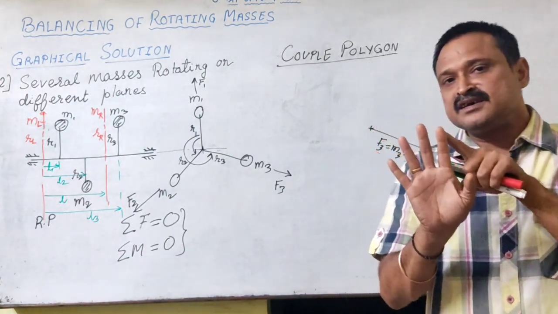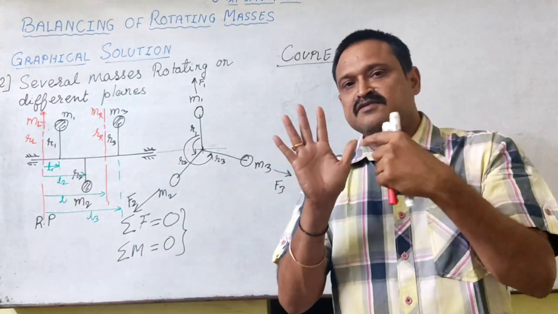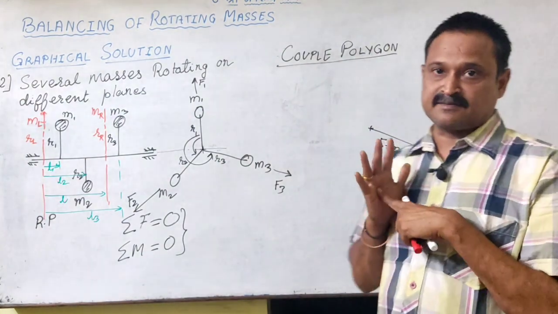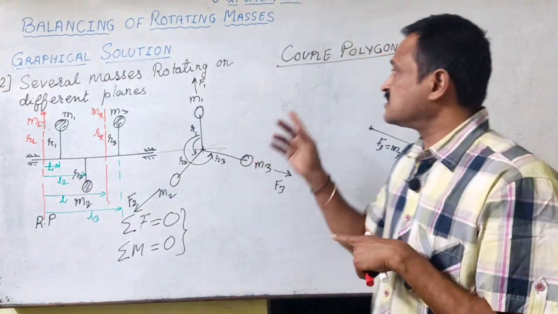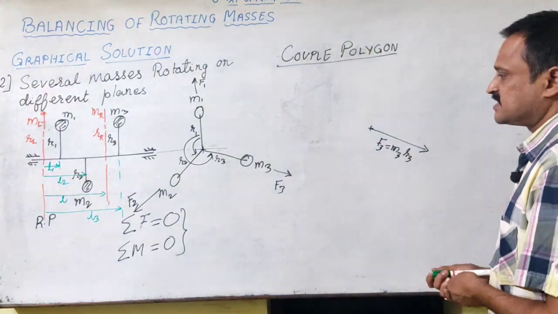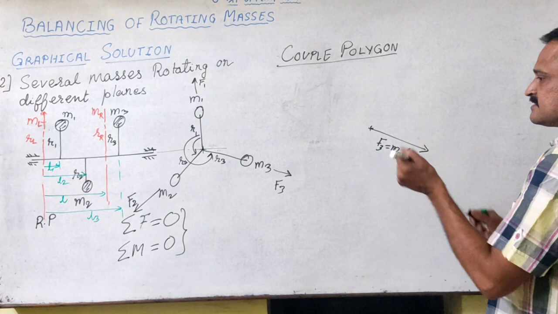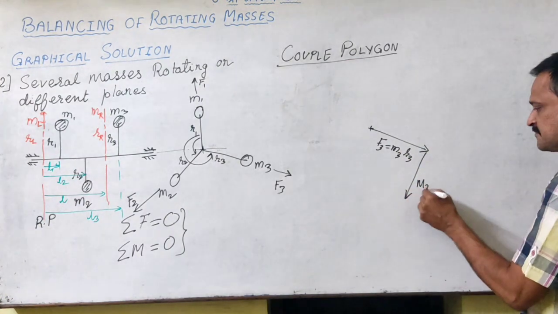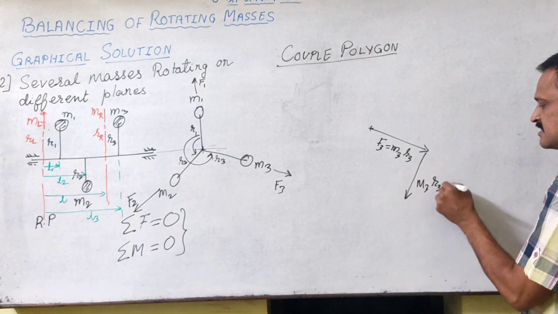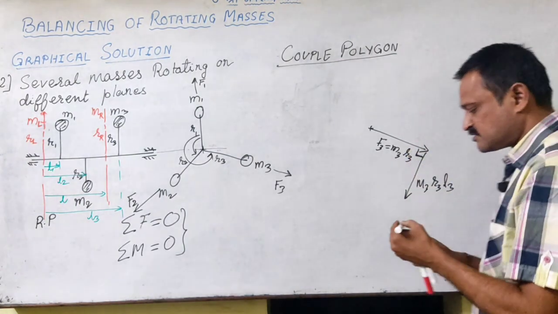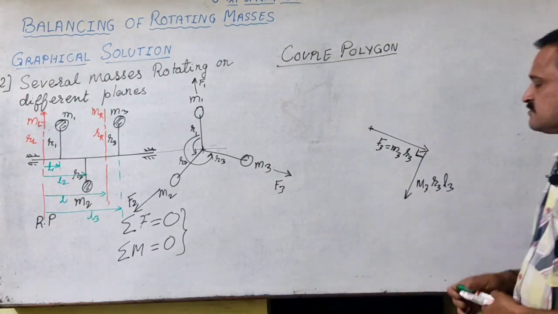That means the moment due to this force will be perpendicular to the plane of rotation. So this is the couple vector, which is M3 R3 L3, and it will be perpendicular to this force.